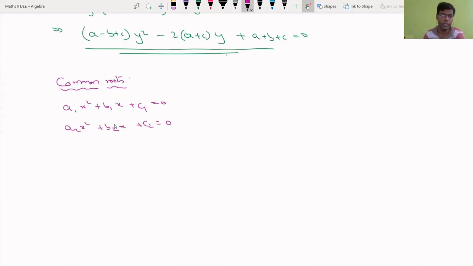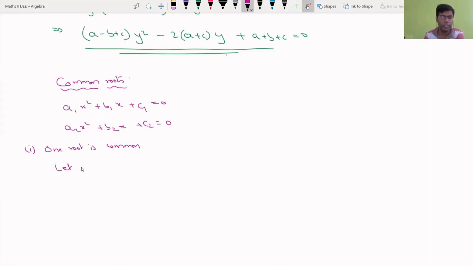So I have these two quadratic equations, and my condition is that one root is common. So this is the first condition I'm taking, that one root is common in these two equations.